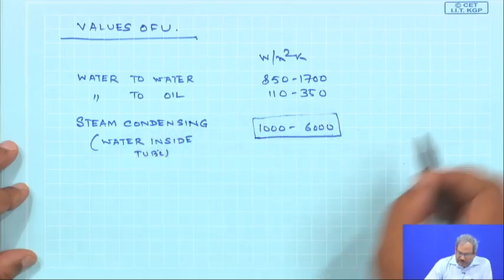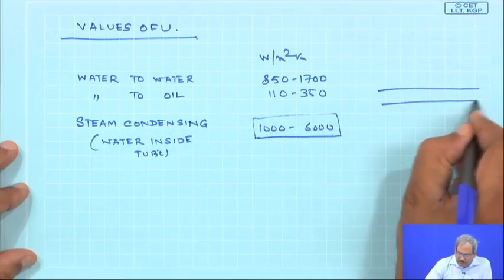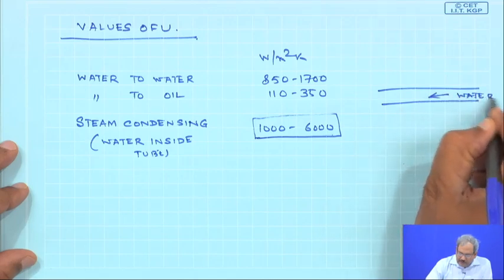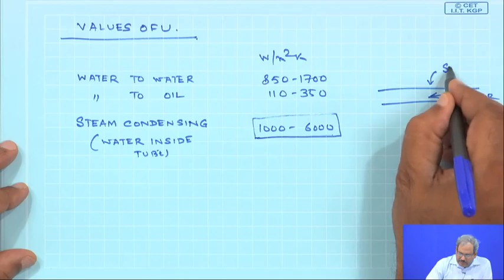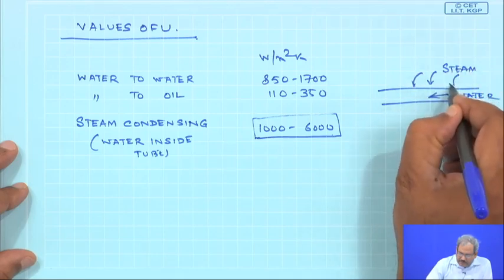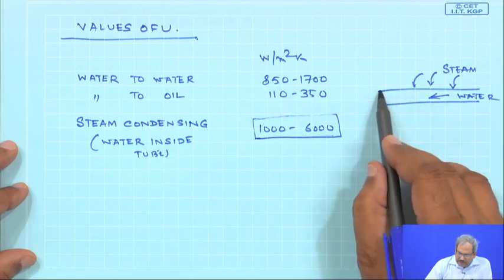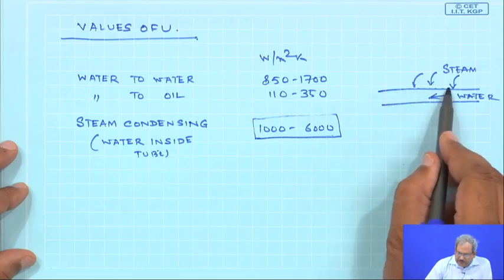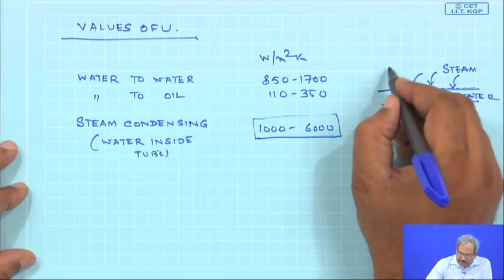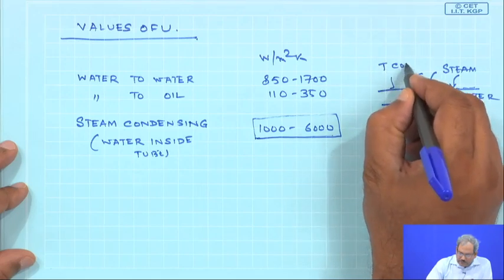So, whenever steam condenses, let us say I have a tube through which water is flowing, and the steam, if it is saturated steam at a certain temperature and pressure, is condensing on the outside. When it does, the temperature of this surface is going to be constant.